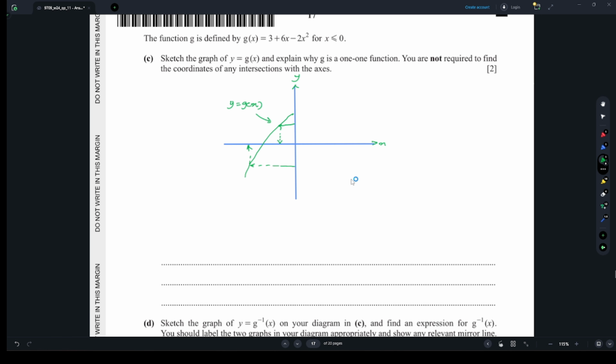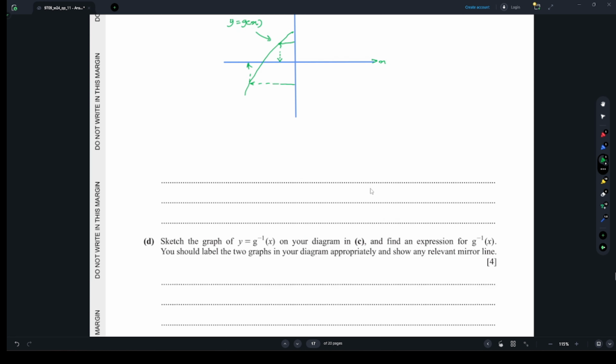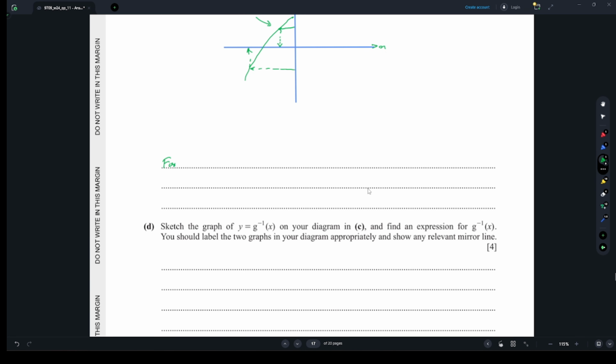So we can say that the graph y equals g(x) for x less than or equal to 0 has one output for y value for each input value, which is x.